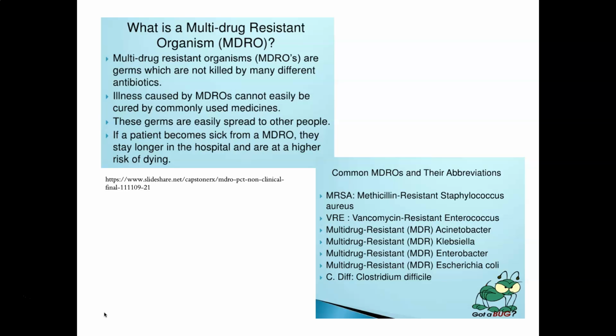So if someone develops VRE, all of a sudden one of our most powerful antibiotics, vancomycin, is no longer available to treat them. Then you have MDR Acinetobacter, Klebsiella, Enterobacter, Escherichia coli or E. coli, and then C. difficile, Clostridium difficile. These are all common MDROs.